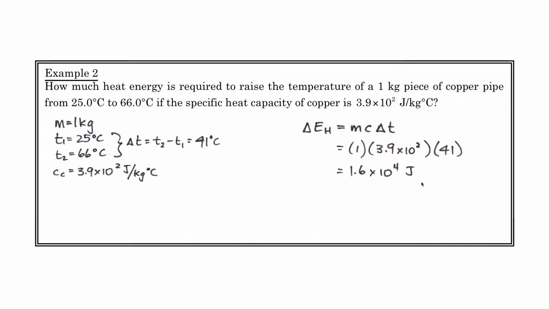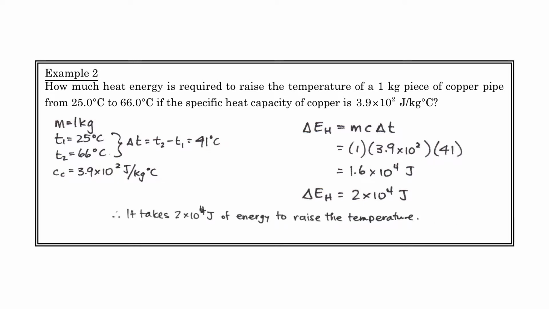And when I multiply these things together, I get 1.6 times 10 to the 4 joules. This is 16,000 joules, okay? Or controlling for significant figures, 20,000 joules. This is a lot of energy to heat this piece of copper and to increase its temperature by 41 degrees. That's a lot of energy, 20,000 joules, respectively, thinking about that.